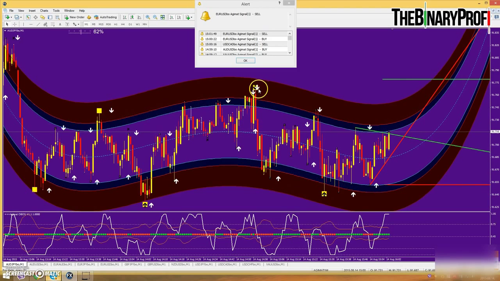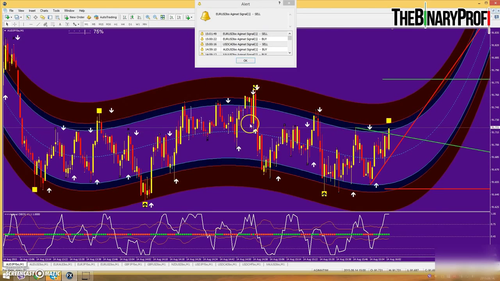Let's say the arrow appears and you enter the trade here. Let's count till 5. 1, 2, 3, 4, 5. Big ITM. You see, we have till now 3 ITMs without any OTMs.